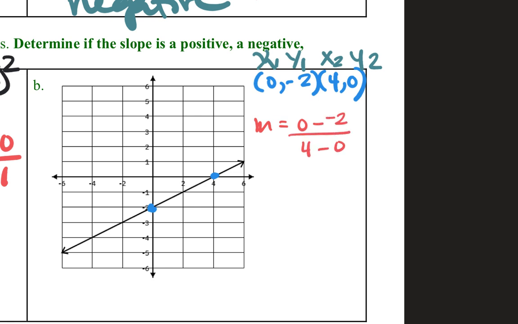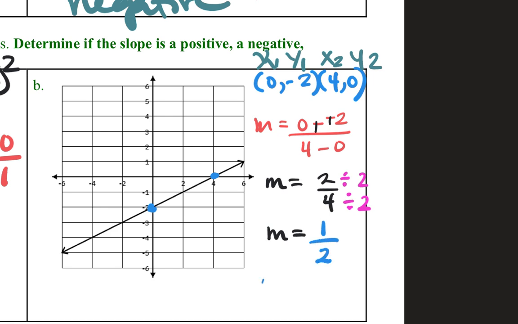Double negatives turn into a positive. So your m should be 2/4. That reduces. Remember, always reduce if possible. What goes into 2 and into 4? 2 does, right? They can both be divided by 2. So 2 divided by 2 is 1, and 4 divided by 2 is 2.